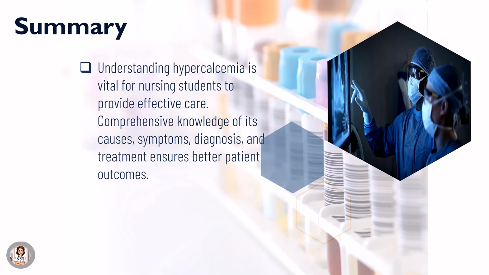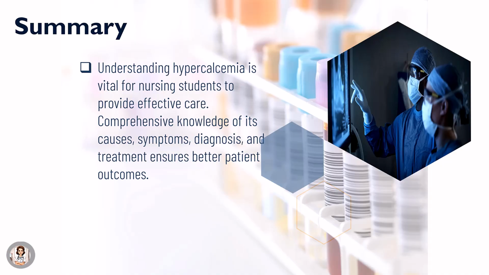Understanding hypercalcemia is vital for nursing students to provide effective care. Comprehensive knowledge of its causes, symptoms, diagnosis, and treatment ensures better patient outcomes. And that wraps up our deep dive into hypercalcemia, one of the key electrolyte imbalances every nursing student must master.